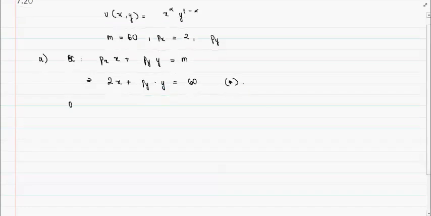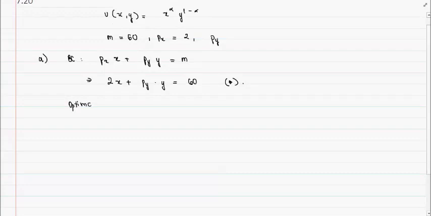Now I want to find the optimal bundle again, because that is going to be the demand for my goods. That is the bundle the consumer would like to consume, so another name for it is the demand function. The optimal bundle is the bundle at which the marginal rate of substitution is equal to the negative of the price ratio, just like what we did before.